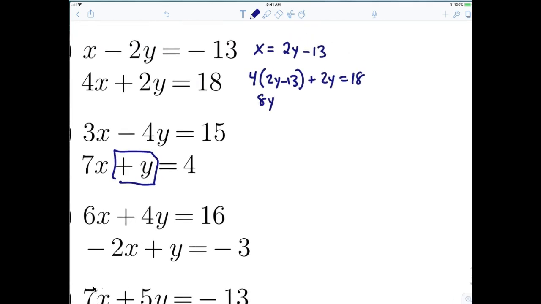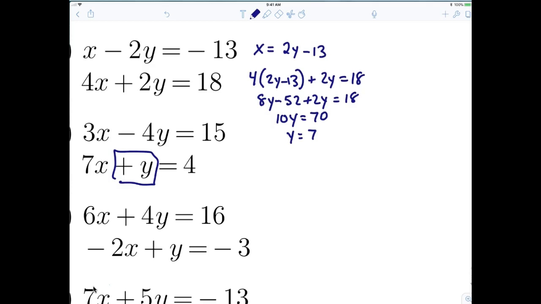So I have 8y minus 2y or plus 2y? Got to be careful. And then 8y minus 52. So y equals what? So y is equal to 7. Everybody good with this? Yes.